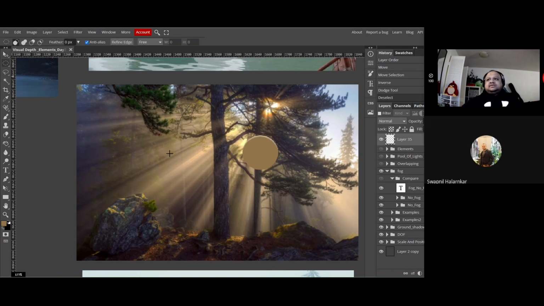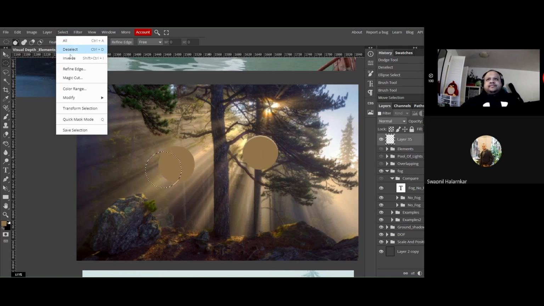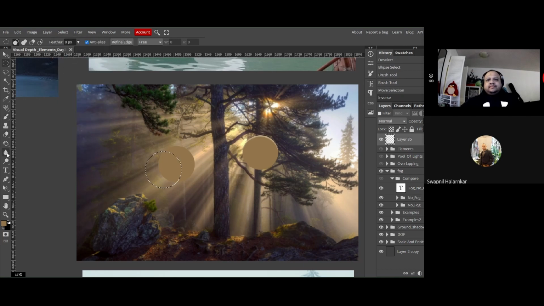But then if there is a water droplet here, then there is more chance for the water droplet to receive more light. So it will be reflecting light somewhere like this.